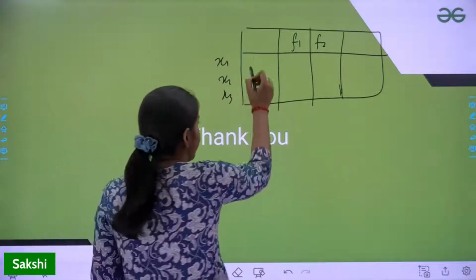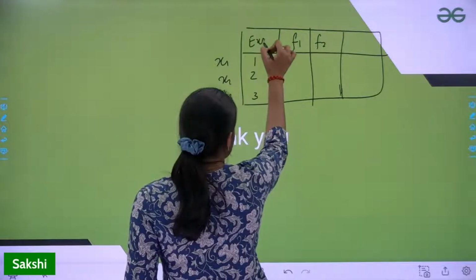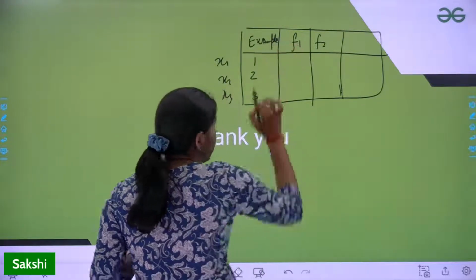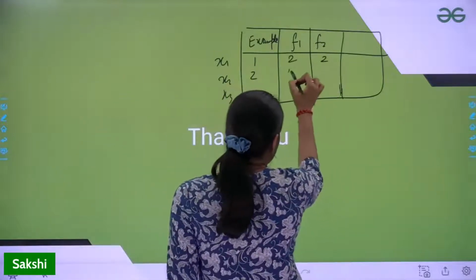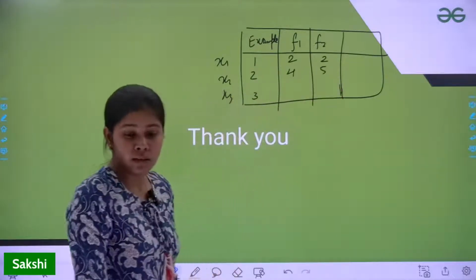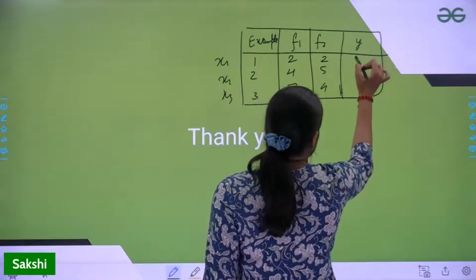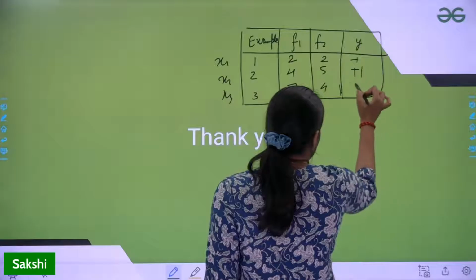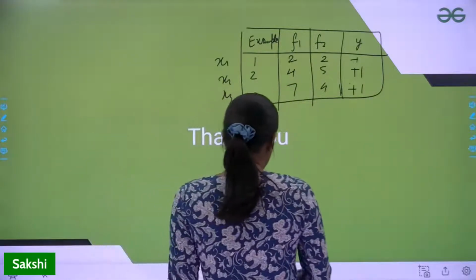So we have examples 1, 2, 3. Previously we solved with two vectors given. Now I have three vectors given. I know the problem gets a little bit lengthy, but it would make you remember all the concepts. The values are 4, 5, 7, 4, and y is classified as -1, +1, +1, -1. Yeah, this is the problem.